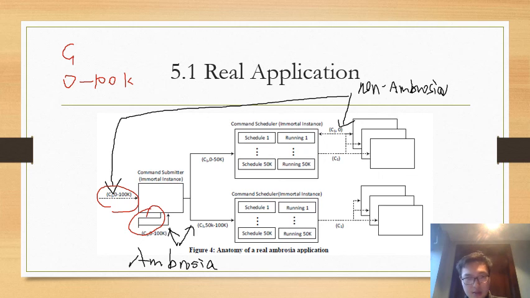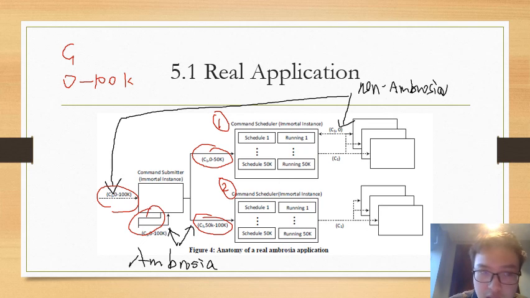Then this command submitter will partition the set of machines on which the command must be run into several sets corresponding to the number of immortal instances in the command scheduler. Here we have two command schedulers, 1 and 2. So you can see the command is separated into two parts.